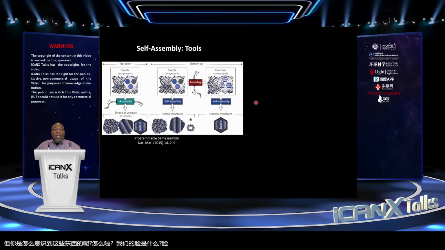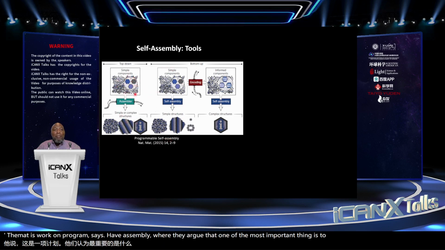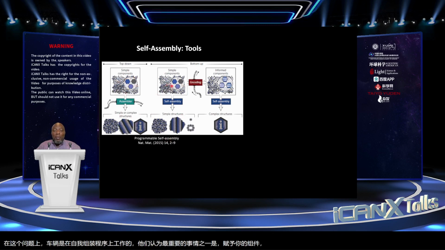We can either take a top-down approach or a bottom-up approach. And here I'm pulling some reference from Ludovico Cademartiri's work on programmable self-assembly, where they argue that one of the most important things is to empower your components with information.